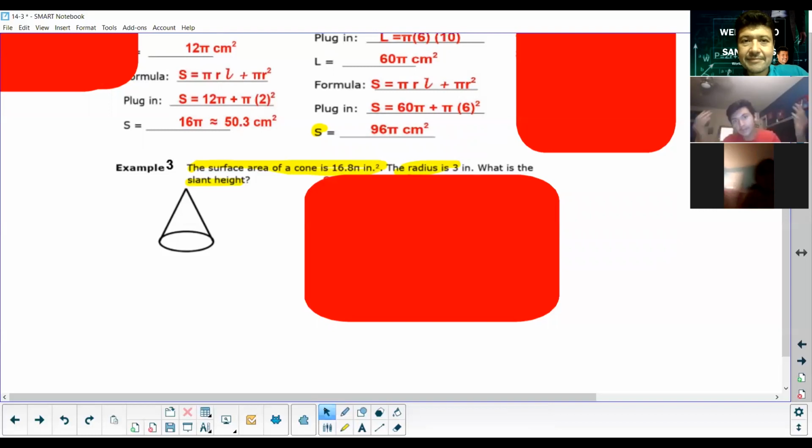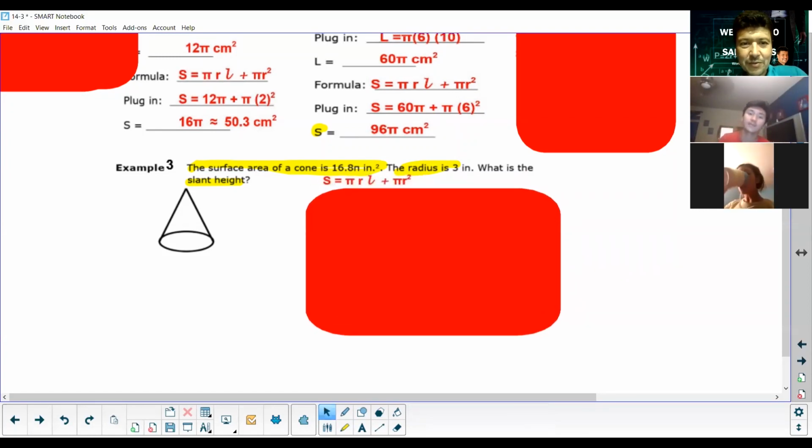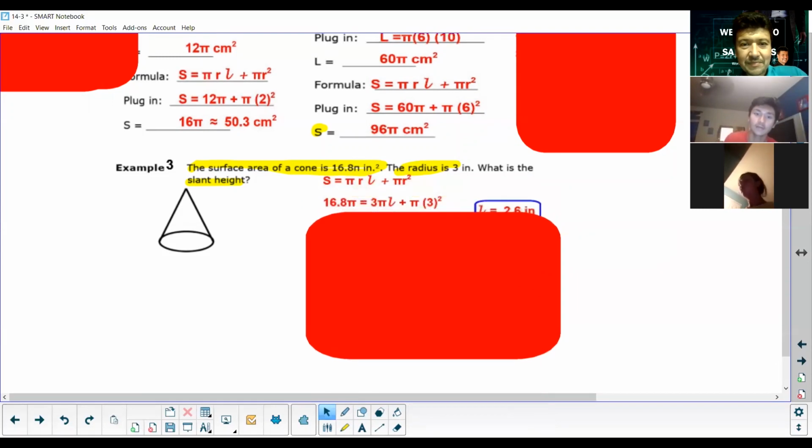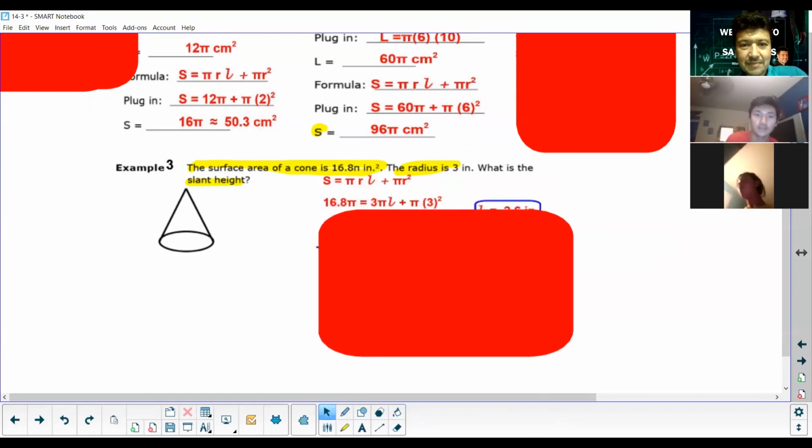With algebra. Yeah, lead me through the algebra. Let's just get out the equation, and then you would have to plug in your values. What would I plug into this equation? You would replace S with 16.8 pi, and both R's with 3. Good.